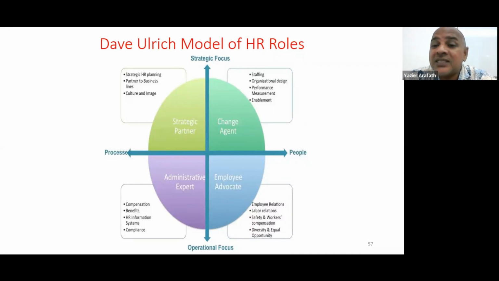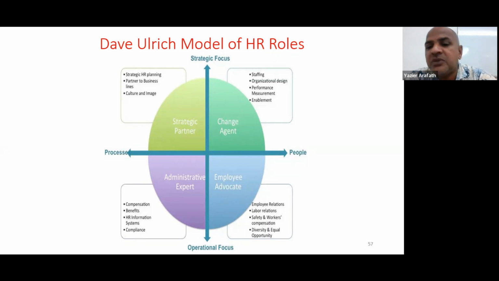He is going to act as a change agent and also act as a strategic partner. HR will function as a strategic partner. He is going to contribute in strategic planning, should be a partner in the business line, and he has to bring the culture and image. He has to design these things strategically.